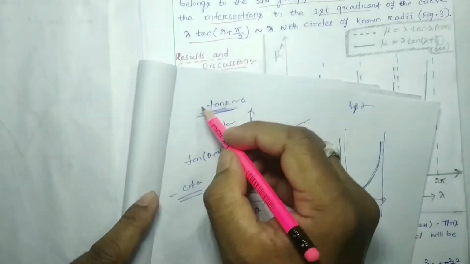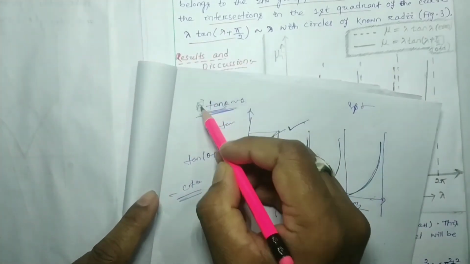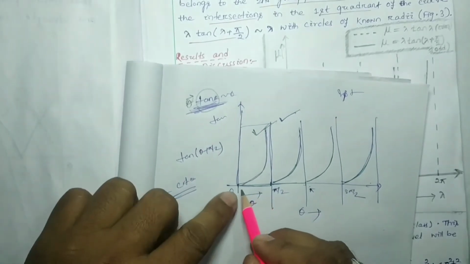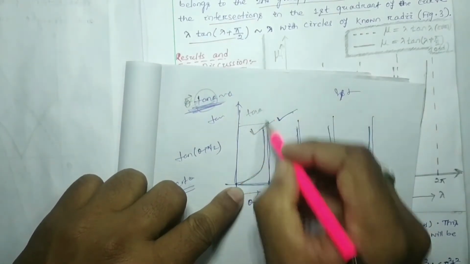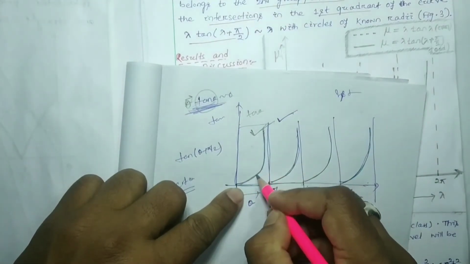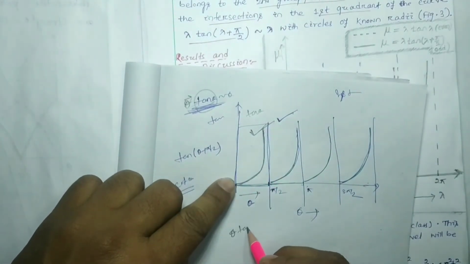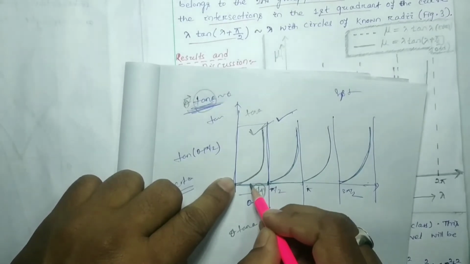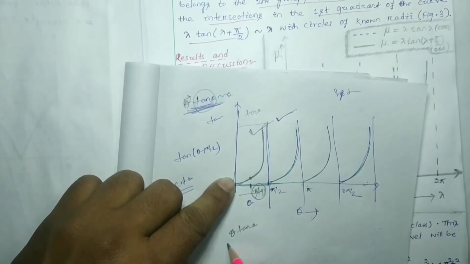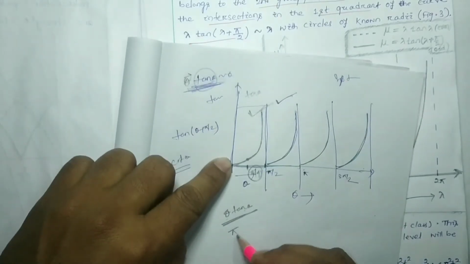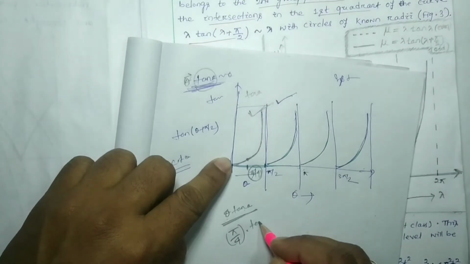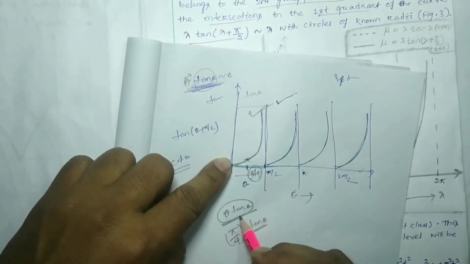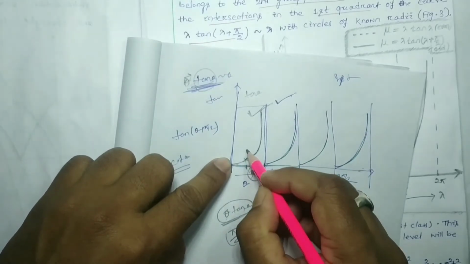But if I multiply by theta, as theta increases, the tan theta value also increases. Suppose we consider tan theta, this is the graph. If I consider theta into tan theta, take pi by 4: initially the value will be this much, because pi by 4 is multiplied with the tan theta value. If we consider tan theta into tan theta, the value will increase up to here.